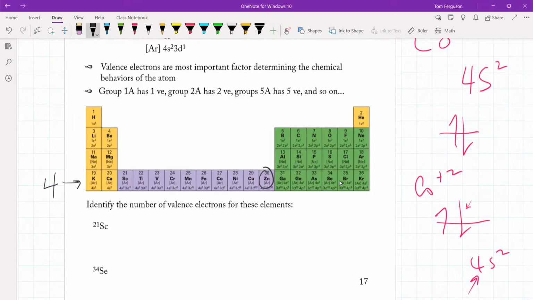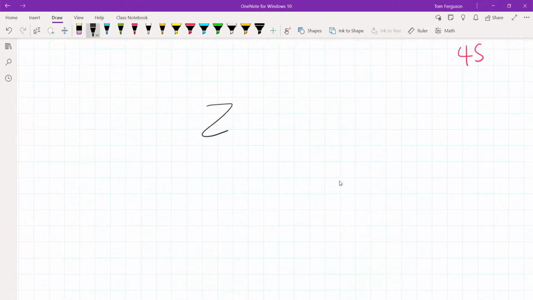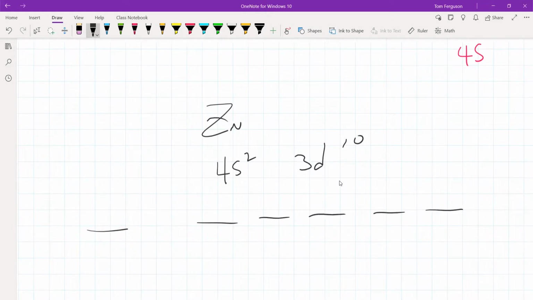So zinc is going to be... zinc is in pretty good shape.